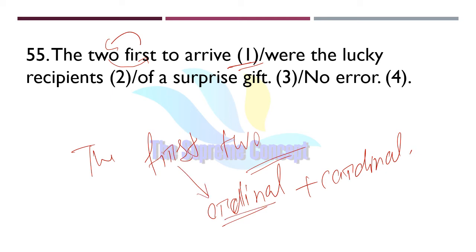These are ordinals, and cardinal is 1, 2, 3, 4, 5, 6, like that. So we will place ordinal first, then cardinal. Hence the first two to arrive will be our correct answer here.